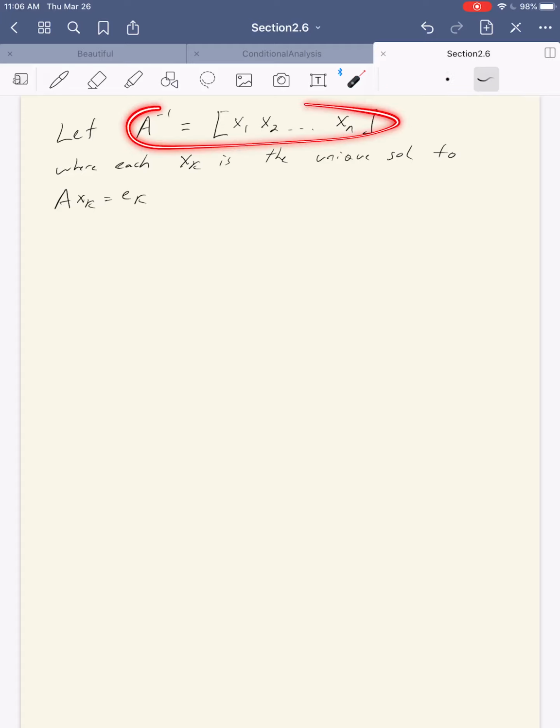We're building this as our potential inverse. Just because I'm putting the little -1 there doesn't mean it is the inverse yet. It's just the thing we hope will be the inverse. Each of these exists and is unique because the rank of A is equal to n.